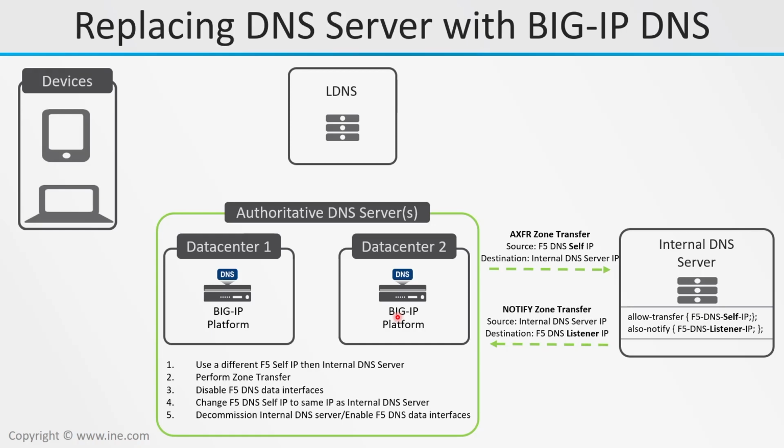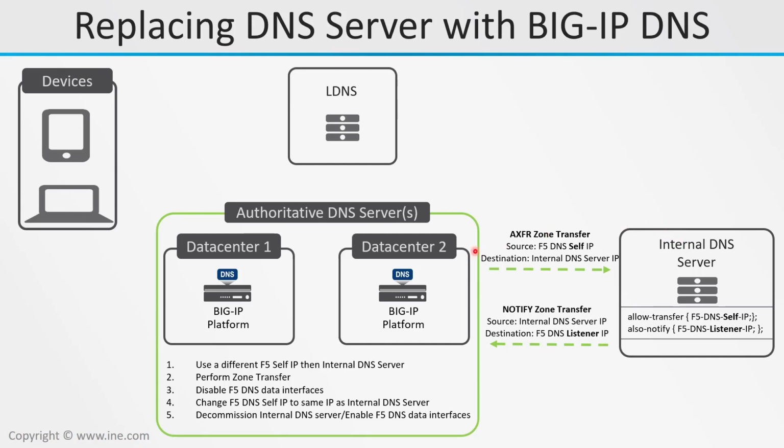Alright, so once we have all the zones that we want from the internal DNS server and the zone transfer is complete, then we can disable the DNS interfaces to prep for a maintenance window, right? So we have what we need, we're disabling those interfaces, and then we're changing the self IP to the same IP address as the internal DNS server. While you're doing this, it would be one full maintenance window.